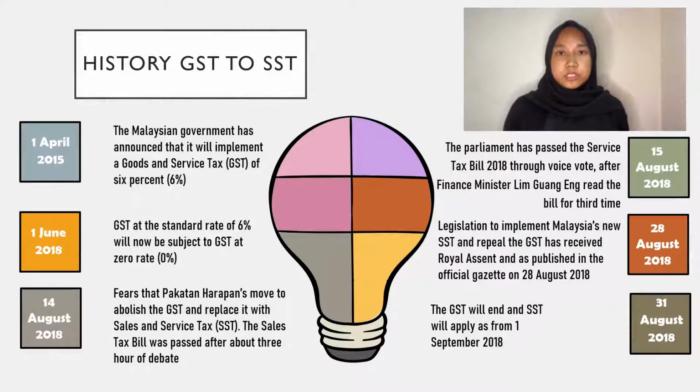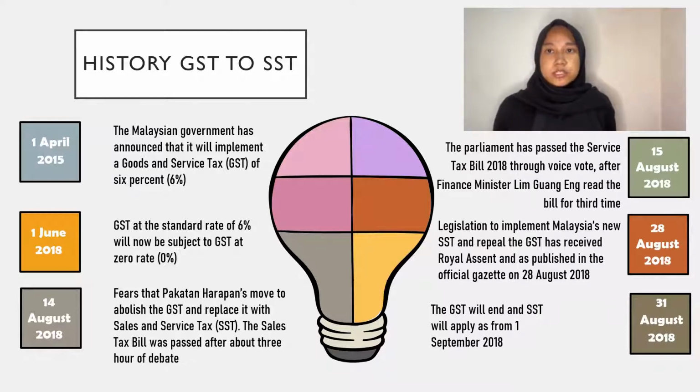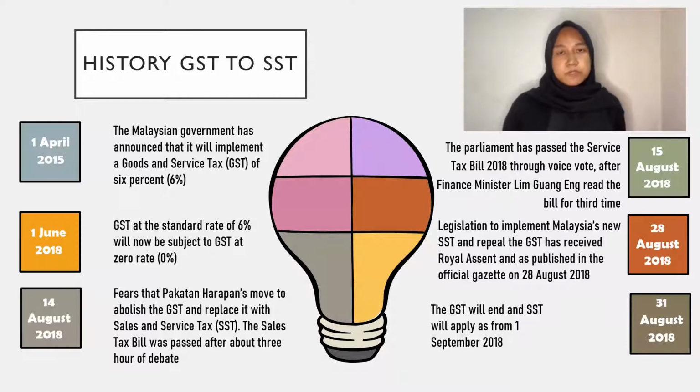So I will continue with GST and SST. Okay, so first, the history of SST, GST and back to GST. On 1st April 2015, the Malaysian government implemented a Goods and Services Tax, GST, of 6%.